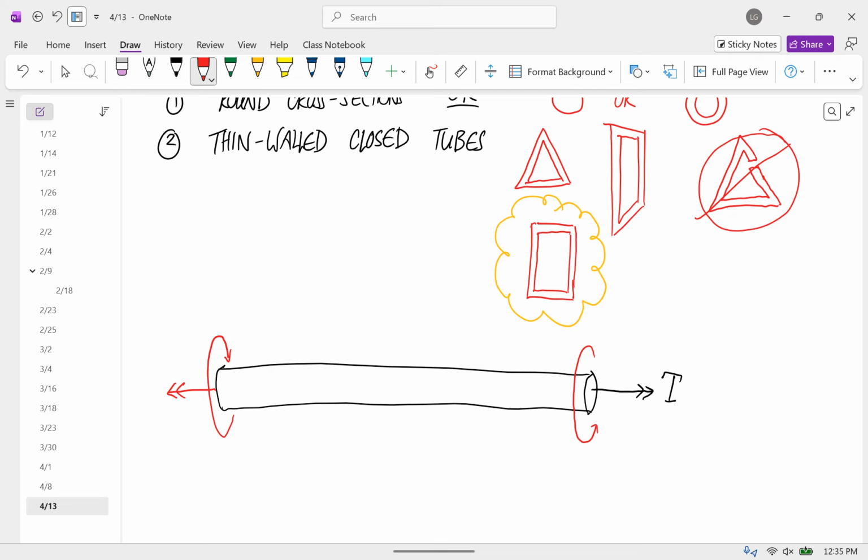If before you applied these torques, let's think about an element like this, on the surface of this beam. You could imagine just drawing that in marker on the outside. How is that marker shape going to deform when you apply those torques?